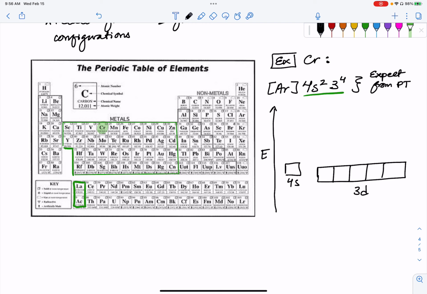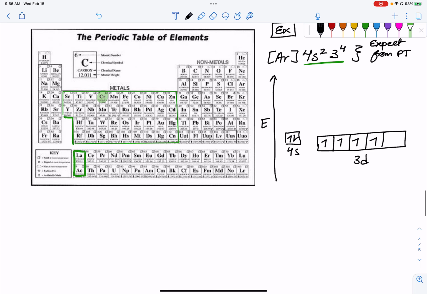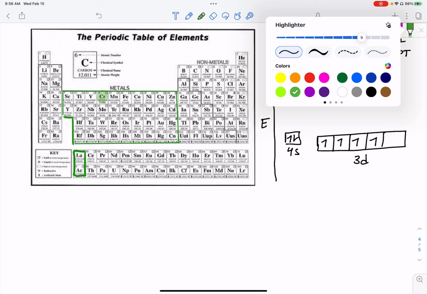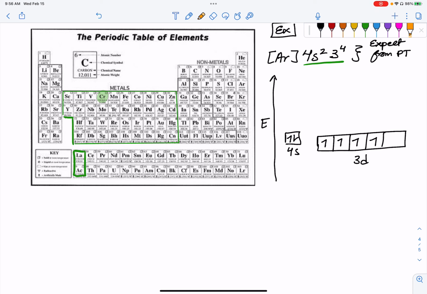So if I were to fill this in as written from the periodic table, this would be 4s2, 3d1, 2, 3, 4. Now let's pay attention here. This 3d orbital is incredibly close to being half full.